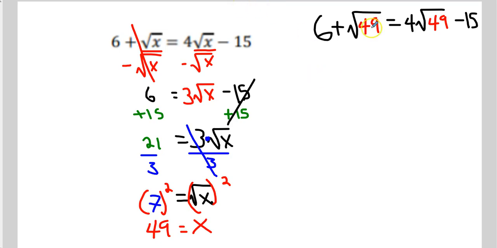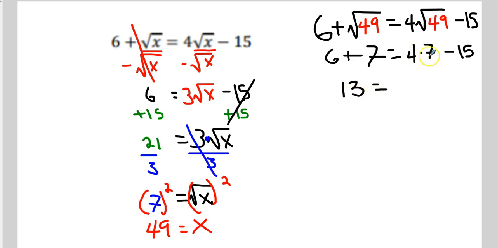Simplify. Square root of 49 is 7. So we have 6 plus 7. 4 times square root of 49, once again, is 7 minus 15. 6 plus 7 is 13.